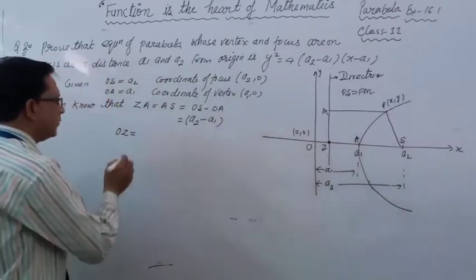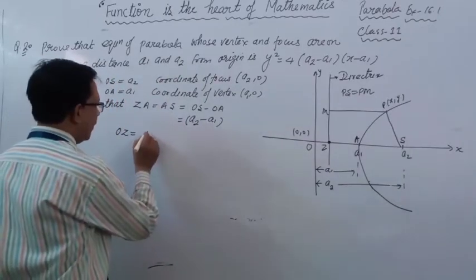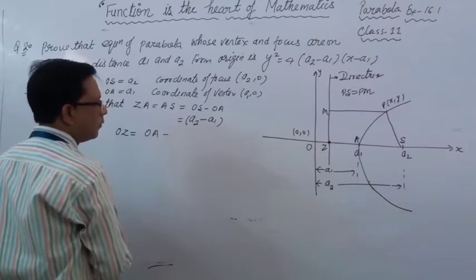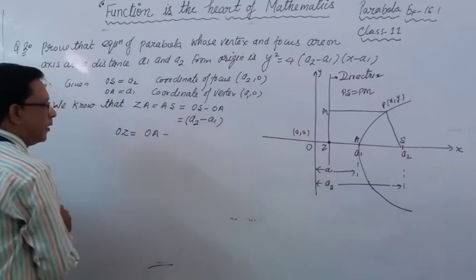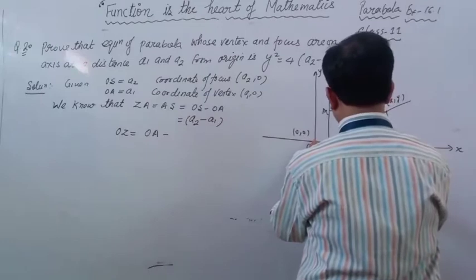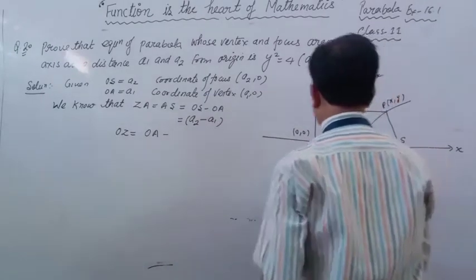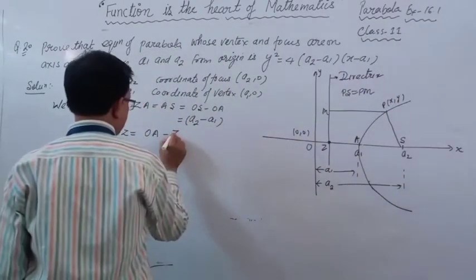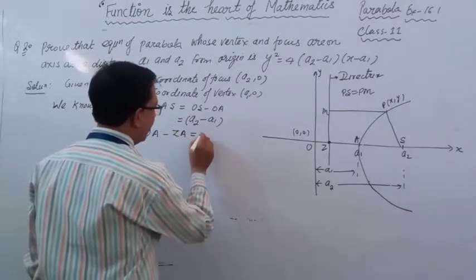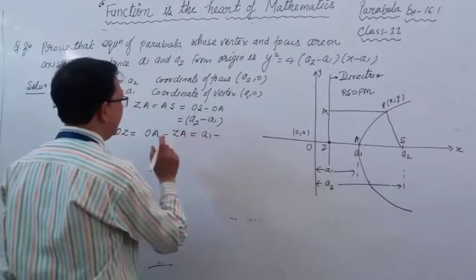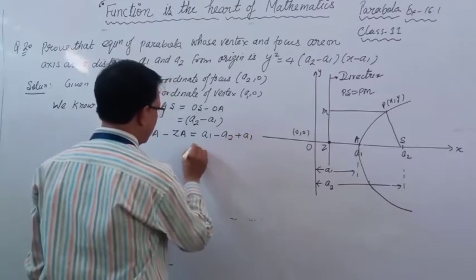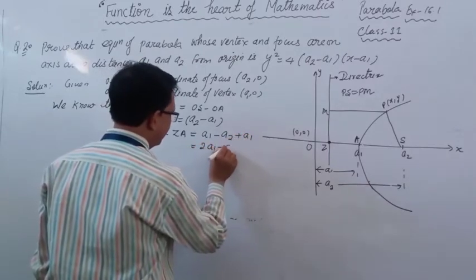So OZ is OA minus ZA. The value of OA is a1, minus ZA which is a2 minus a1, so this is 2a1 minus a2.